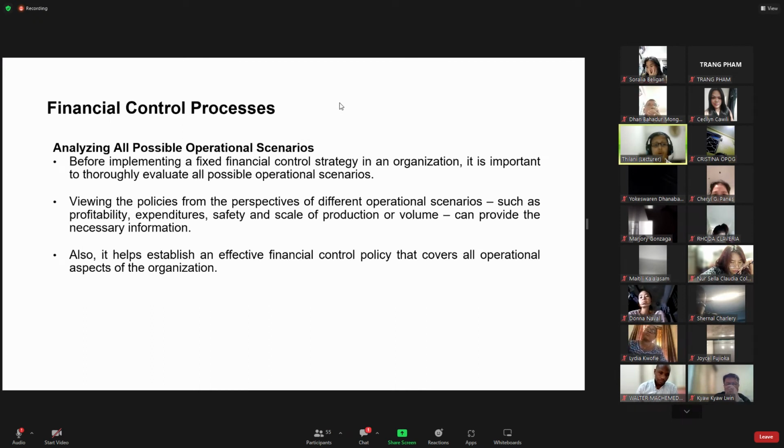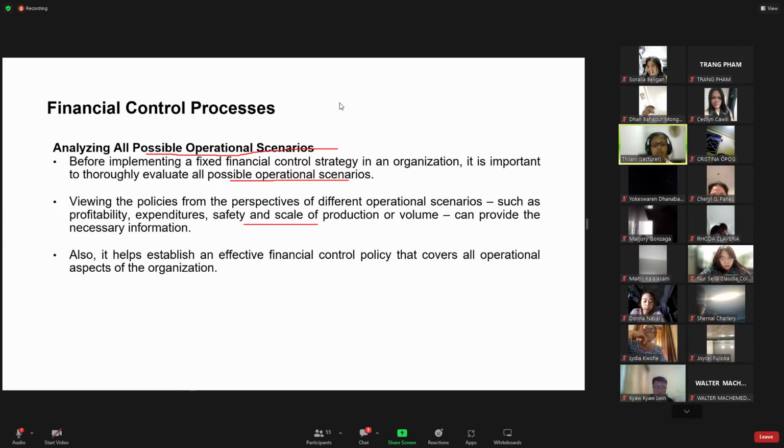Then you look at all the operational scenarios. What are the operational scenarios? Before you implement a fixed financial control strategy in an organization, you need to evaluate all possible operational scenarios, right? So look at the policies from the perspective of different operational scenarios, such as profitability, expenditure, safety and scale of production or volume, and all the other necessary information.